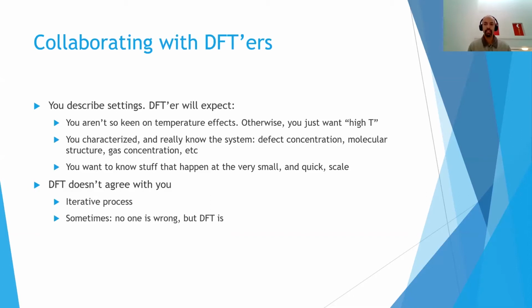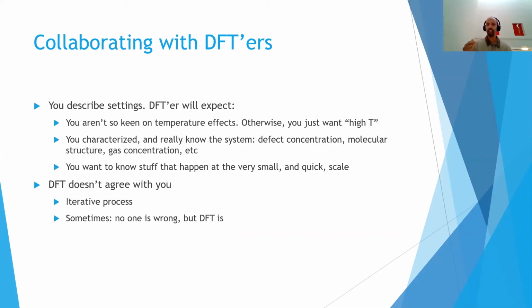The DFTer always expects that you have a characterized system. So you know what the molecule is that you're bringing, if it's a DNA, if it's a modified DNA in any way, if it's a hydrocarbon, you know how long it is. If it's a surface, you know the concentration of the defects or the concentration of the gas in the environment, at least roughly, because every atom makes a massive difference in describing the structure of a crystal, for example.